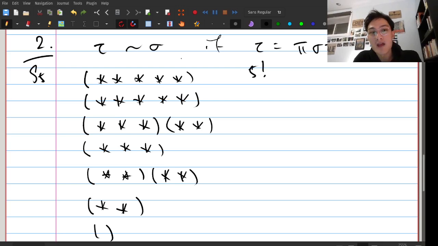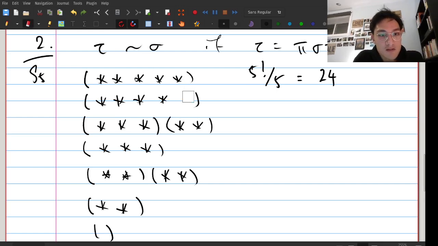But any cyclic reordering is the same one, because a cycle like 1, 2, 3, 4, 5 is the same as 2, 3, 4, 5, 1. So we divide by 5. Each one is represented 5 times, so there's 24 of these. Okay, and why did I write the same thing twice here? That was foolish of me.